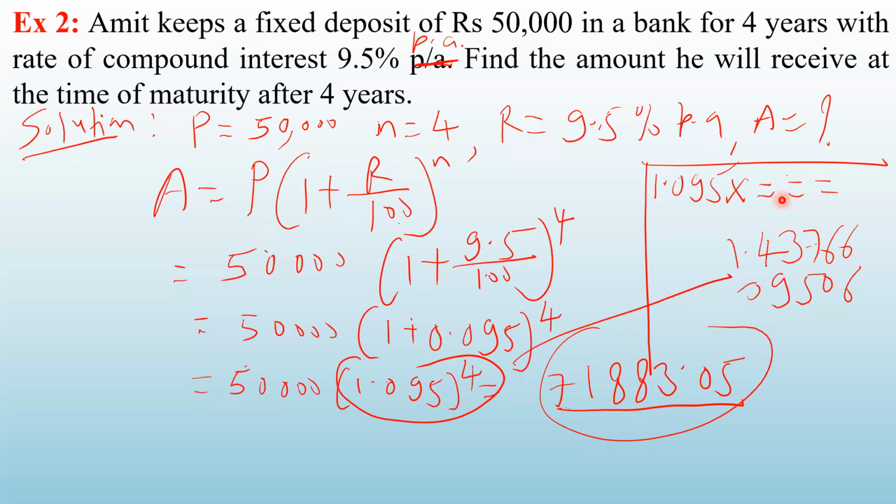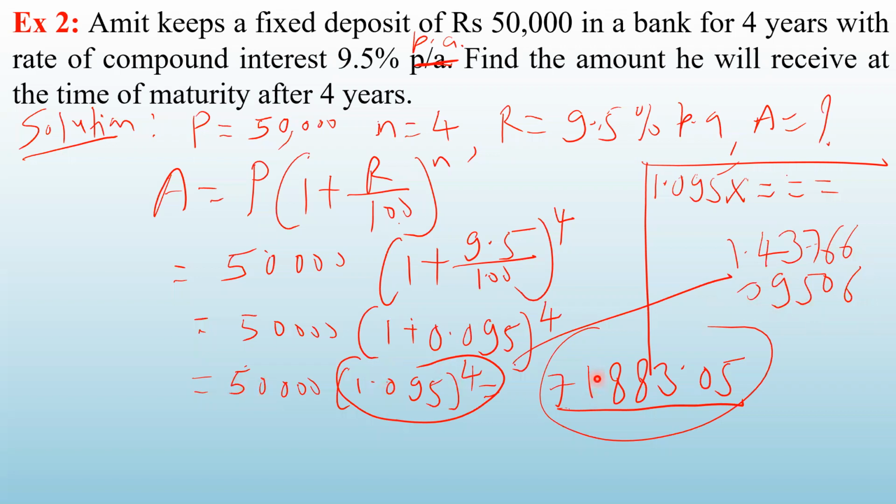So 1 less. That is how you can do it. So 1.095 raised to power 4 gives you 1.4376609506. This is how I've written here.